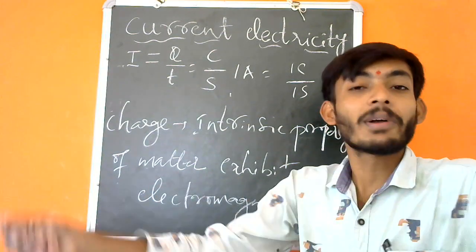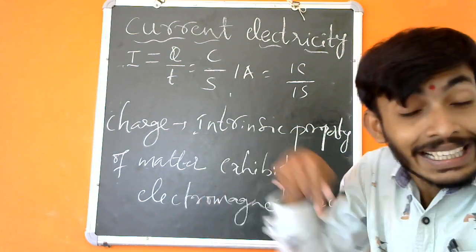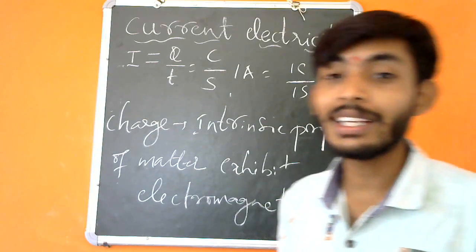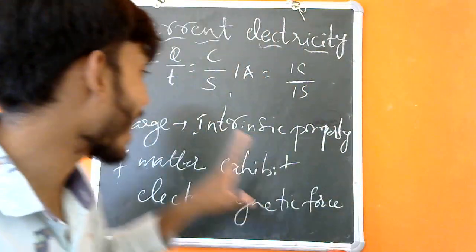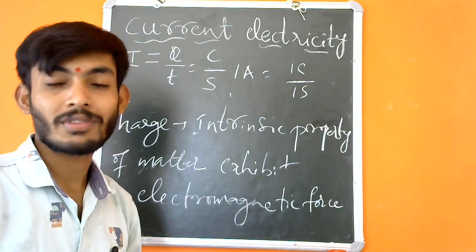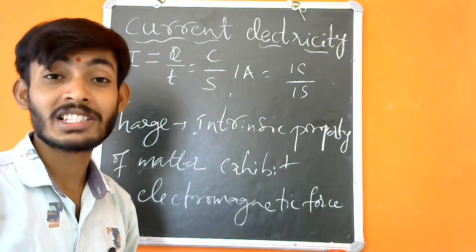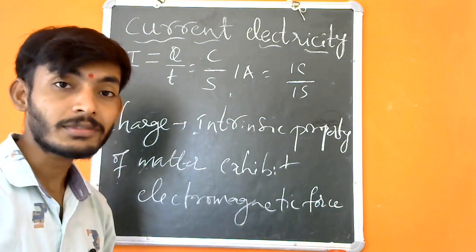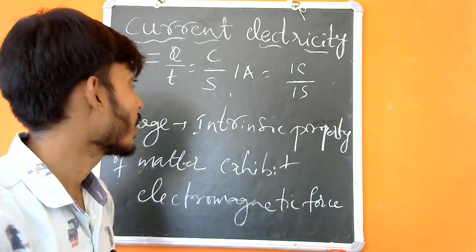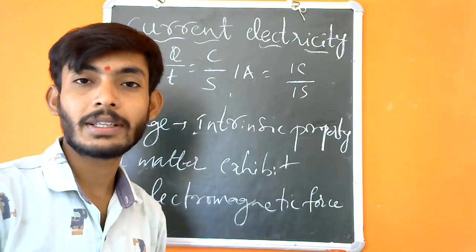So charge is an intrinsic property of matter which exhibits electromagnetic force. We have two types of charge, positive and negative, discovered by Benjamin Franklin.